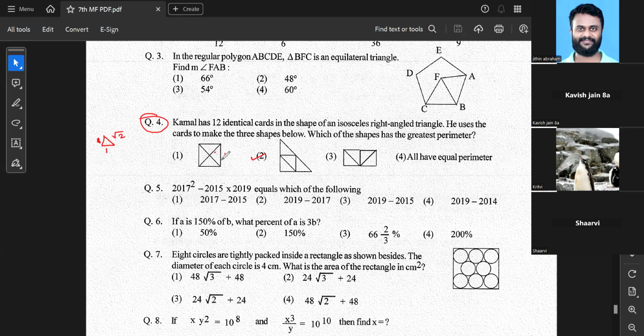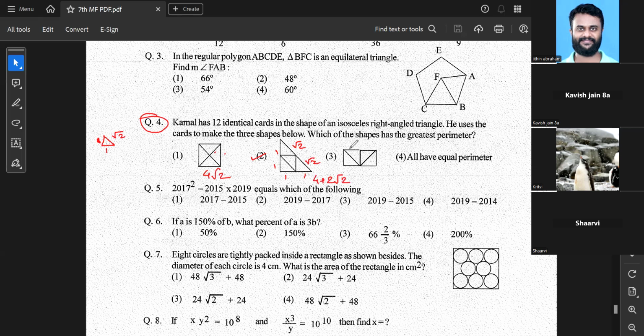If you wish to calculate, you can say that, okay, fine, there are four long sides over here. So root 2 multiplied by 4 is 4 root 2. This will be the perimeter of this particular shape. For this one it will be root 2, 1, 1, 1, 1. So this is 4 plus root 2, sorry, 4 plus 2 root 2. So this will be 4 plus 2 root 2.